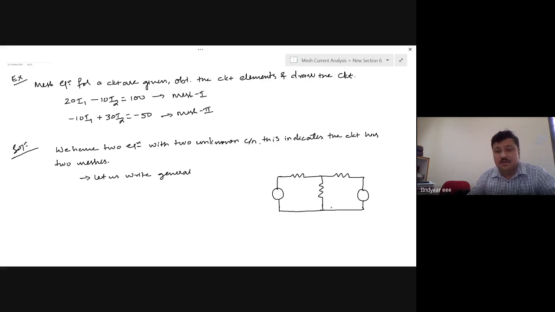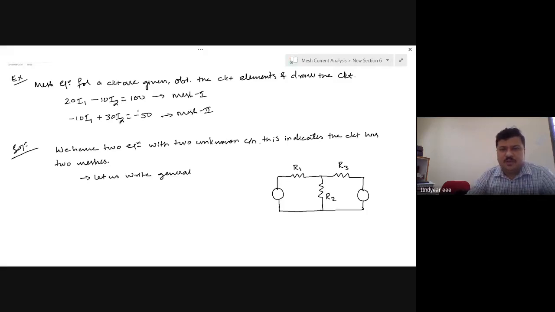Now I got this circuit, which still we don't know what are the elements. Now we got the orientation of the circuit, the geography of the circuit. Okay. Now let this be R1, let this be R2, and let this be R3. Okay.